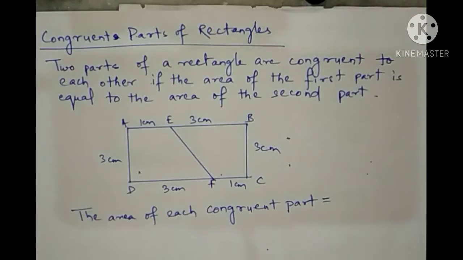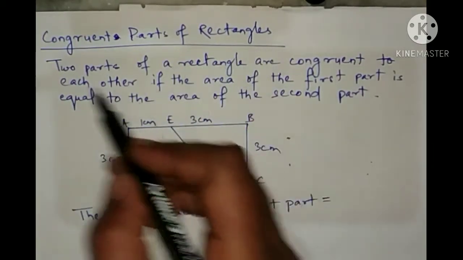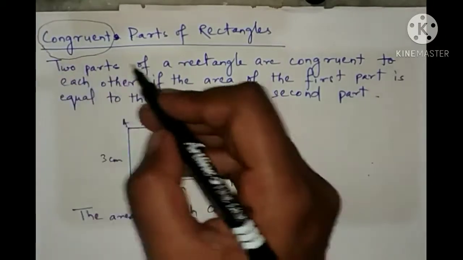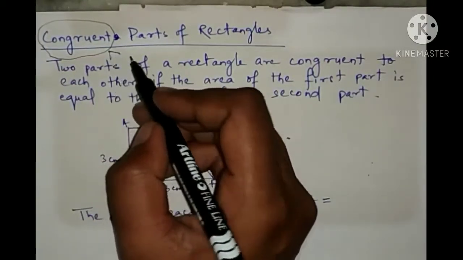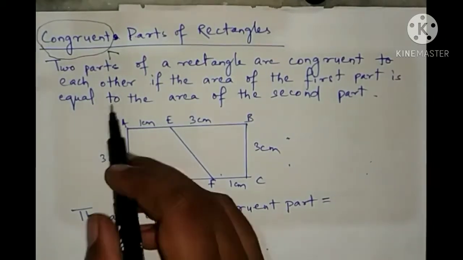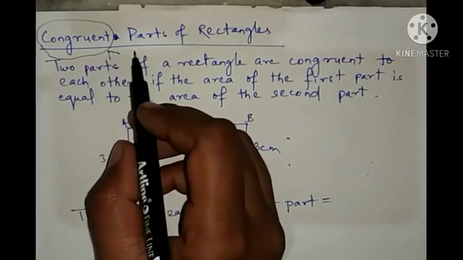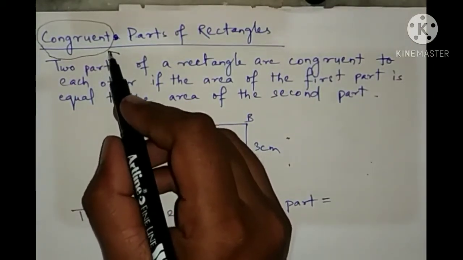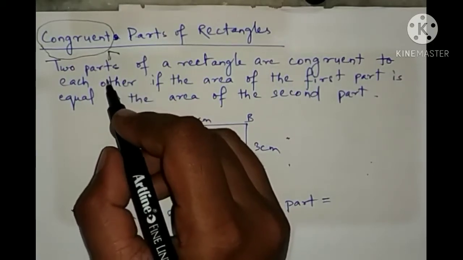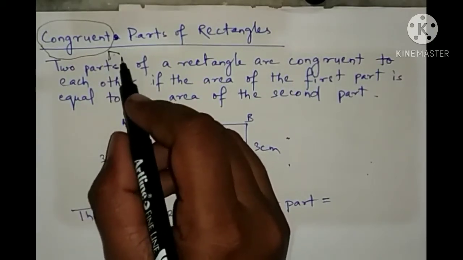Next we'll move to congruent parts of rectangles. So here you are learning the term congruent. Congruent means what? When two shapes are equal in size, shape and area, those two shapes or figures are known as congruent.